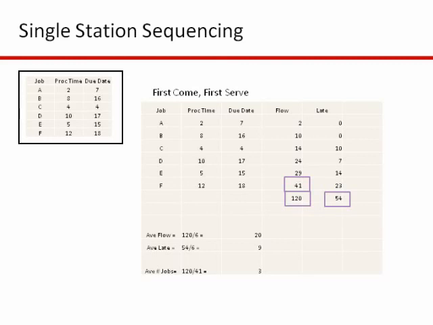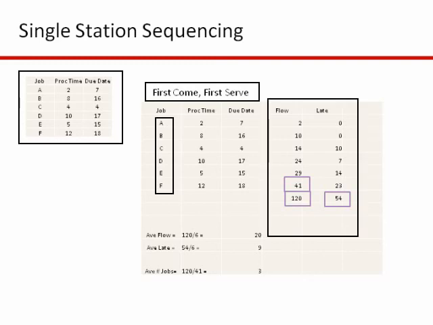If we did the first come, first serve sequence, we're just going to keep these jobs in alphabetical order. Now you will notice I've added 2 columns. The first is the flow column. This is just the end times of each job if we do them in that sequence.